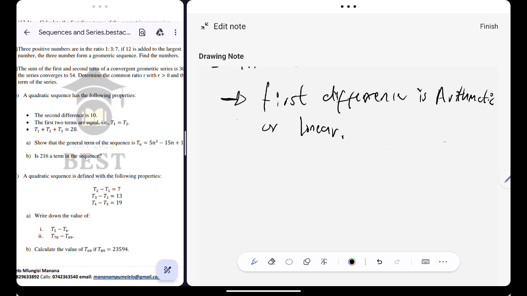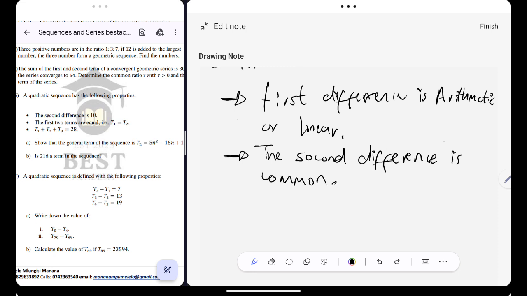And therefore the second thing is that the second difference is common.